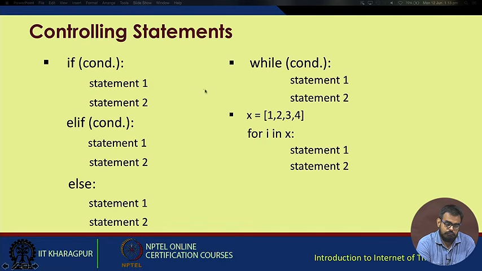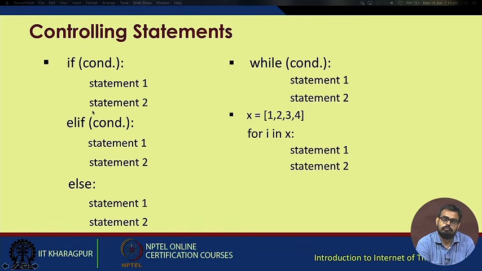Now again, similar to your Arduino programming or other languages, you have basic control statements. Start off with the if-else statement. You have if, then a condition, then statement 1, maybe statement 2. You can have multiple statements, but remember, if, then the condition, and then a colon. Since Python follows a strict indentation policy, you need to have indentation while you enter a block.